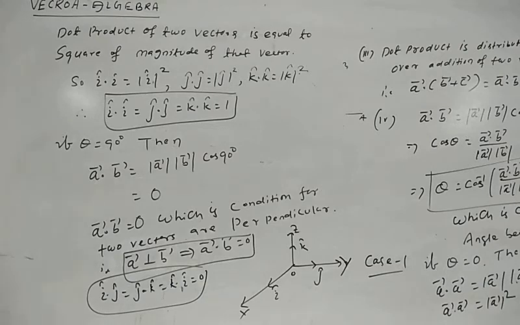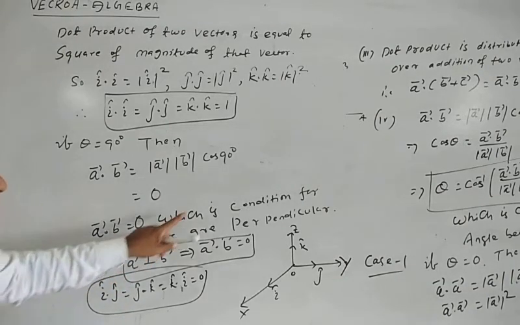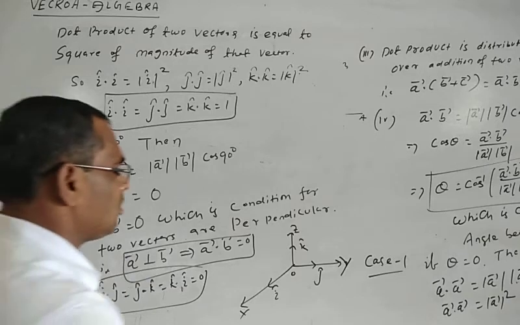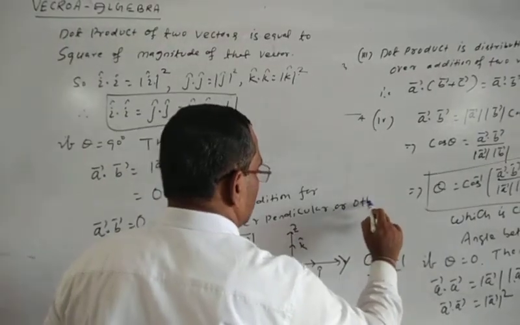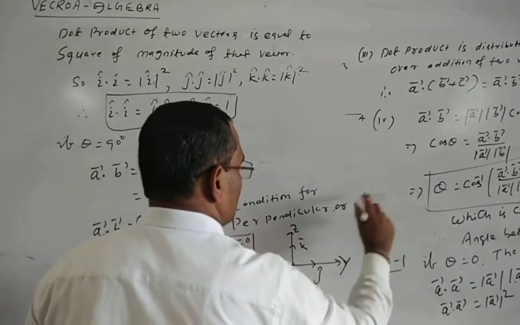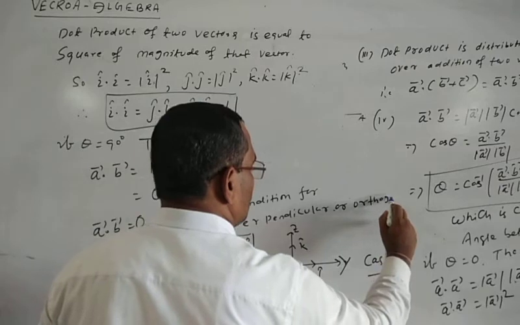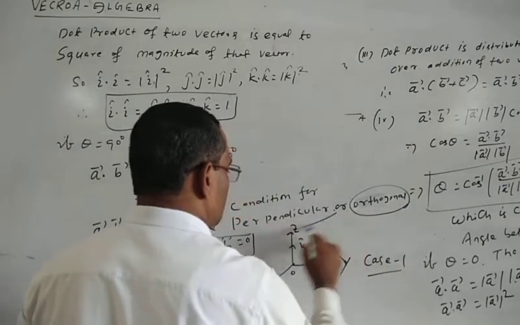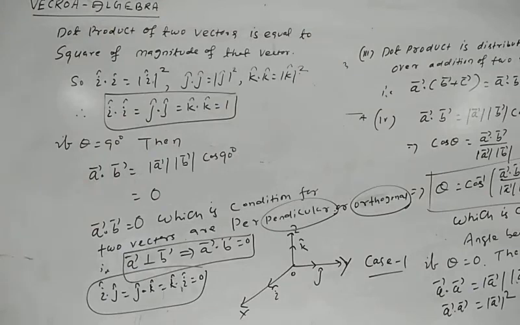So if two vectors are perpendicular, then their dot product is 0, which is the condition for two vectors to be perpendicular or orthogonal.